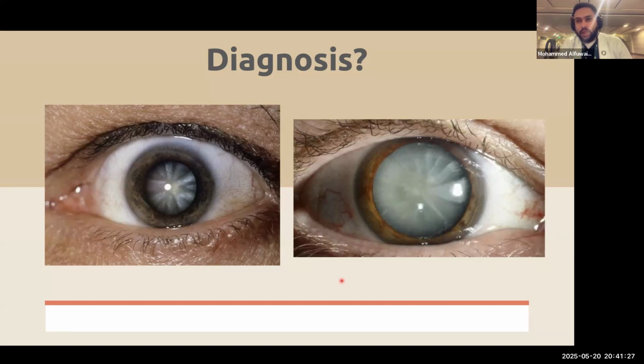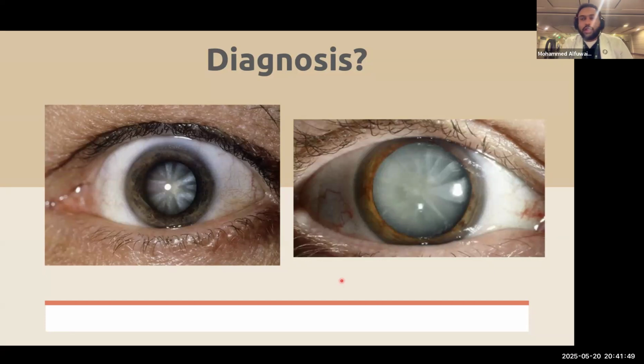This one I want you to remember: one of the most commonly used medications to treat inflammatory diseases. Steroids, yes. That's number one. Diabetes, number two.